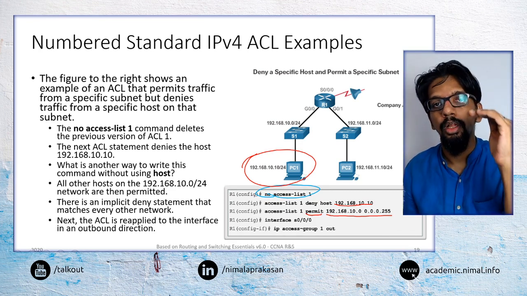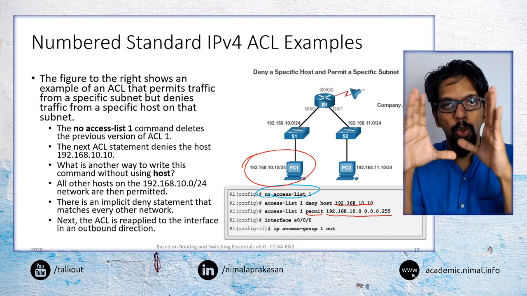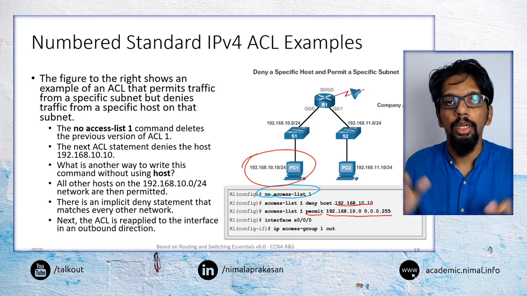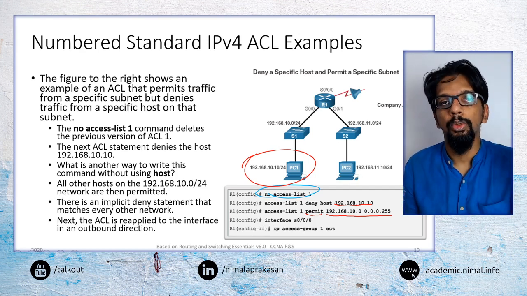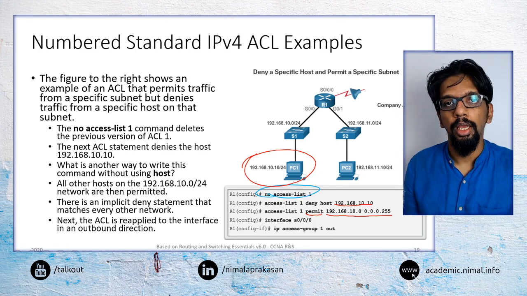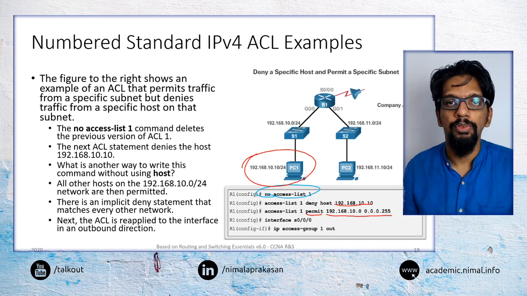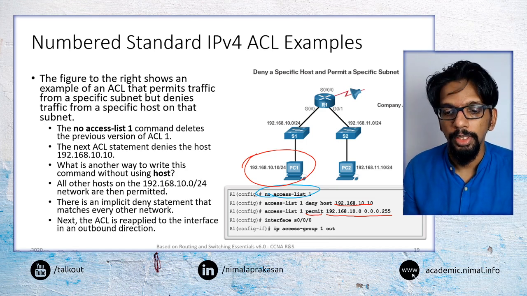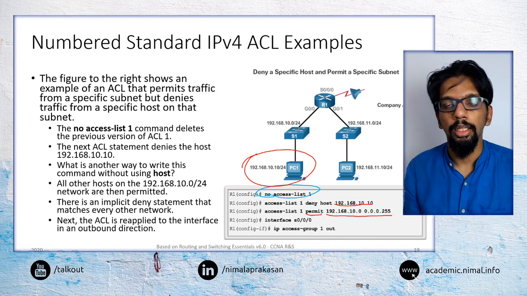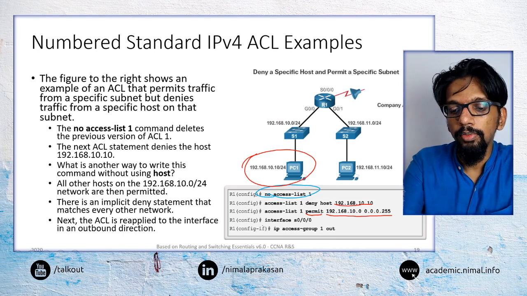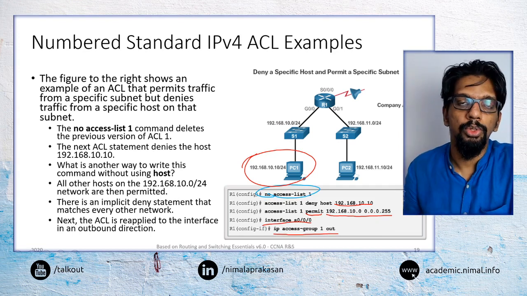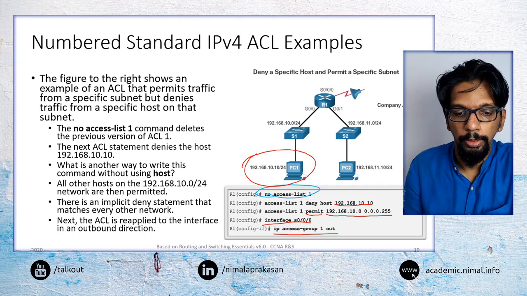So the narrower deny statement should go first, and then the broader permit statement after that. It will first match the deny statement and the packet will be denied, and anything else will be matched with the permit statement. That's why we go in that order of deny and then permit. And then we can directly go into the interface and associate that as an outbound rule there.